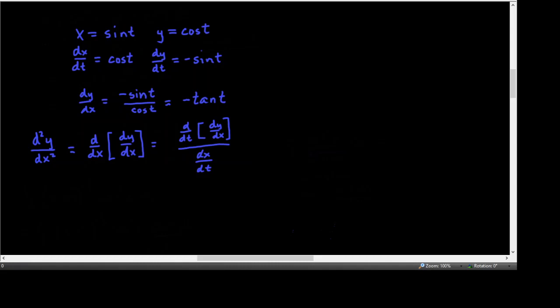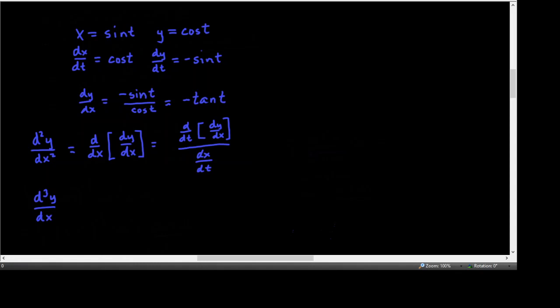And this is why you would need to do these separately, because you're going to need that dx dt again. So it's not as simple as Calculus 1 where you just take the derivative of your first derivative to get the second derivative. You then have to divide by dx dt.